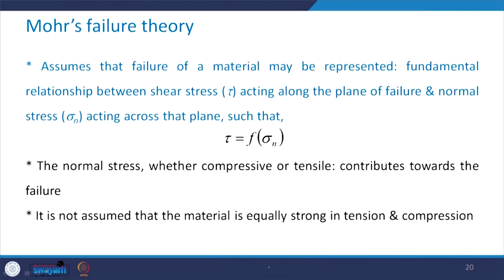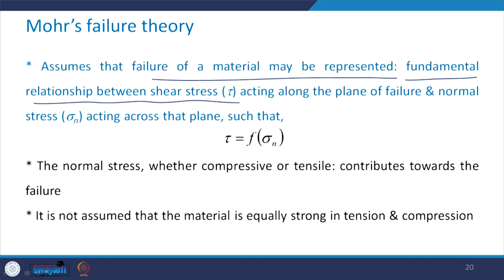In this case, the assumption is that the failure of a material is represented by a fundamental relationship between shear stress acting along the plane of failure and the normal stress acting across such plane, and that relationship is given by tau is equal to f of sigma n.